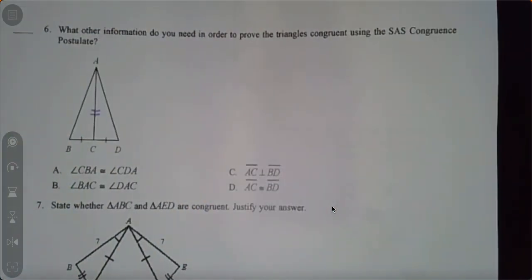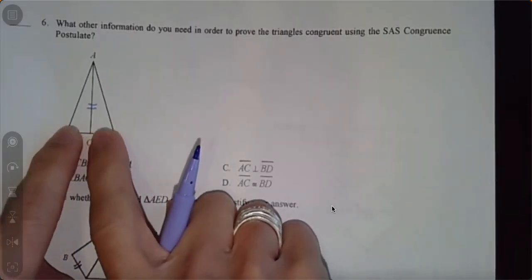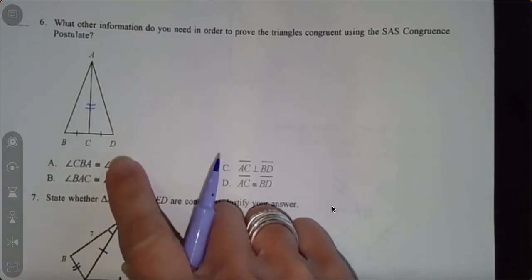So what am I missing? Actually, I think this one may be a little different. I'm not seeing that answer choice. I got C. It's not A or B. Those are my two sides. But now I need to know the angles are equal, and I don't have that on any of these.